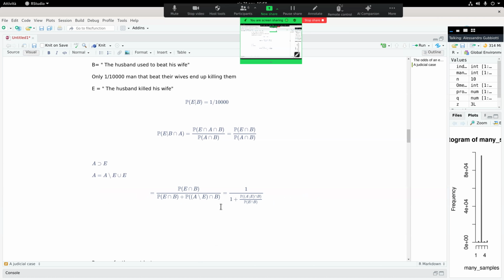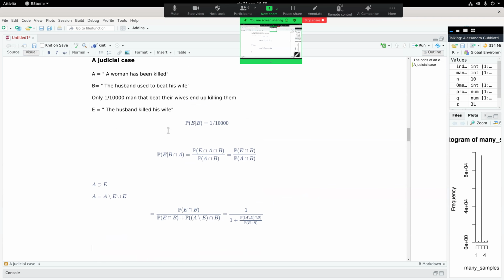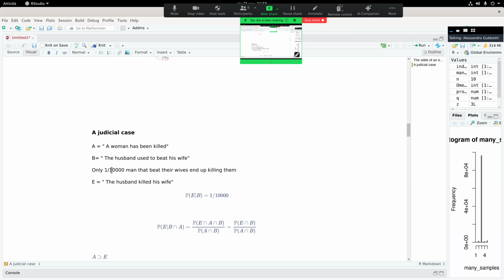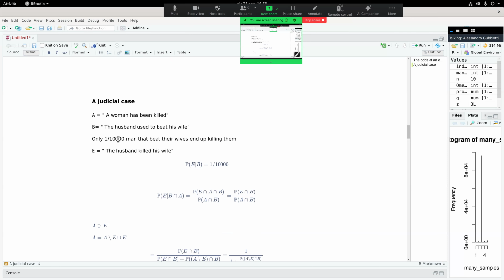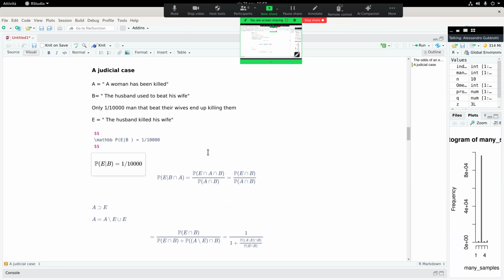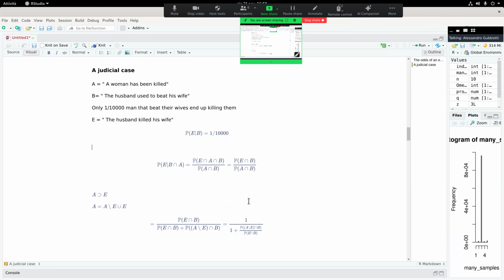Well, now what we can do here is that we have an estimate. The defense kindly gave us the statistics, so that E given B is this number here.